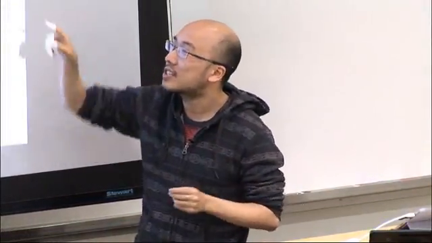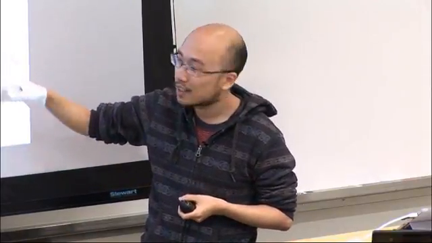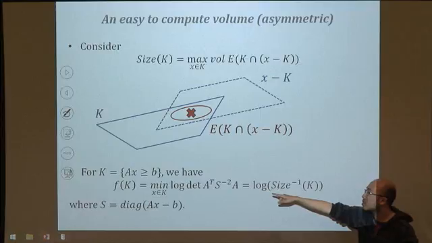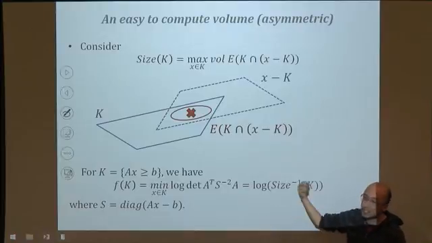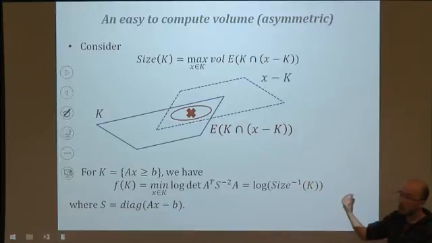And for a polytope, you have a nice formula to write down the size of K. It turns out it is more convenient to consider log of 1 over the size of K. You just do some algebra because the volume of an ellipsoid is just the determinant of something. So it turns out this log of 1 over size is just the minimum over points of the log determinant of A transpose S inverse A. S is the slack at a certain point.